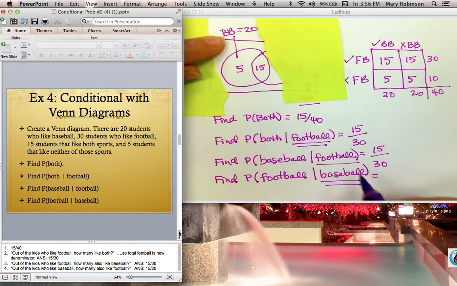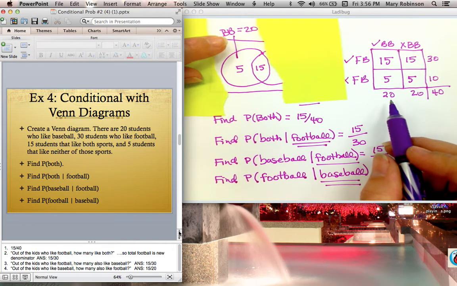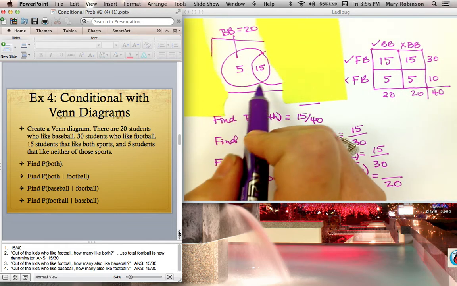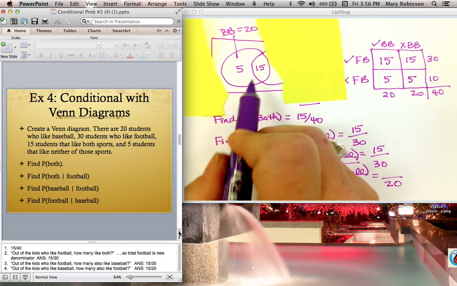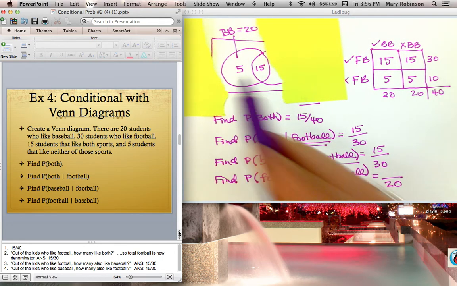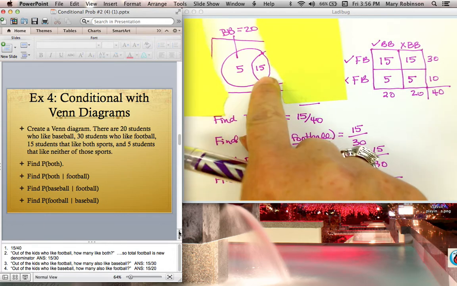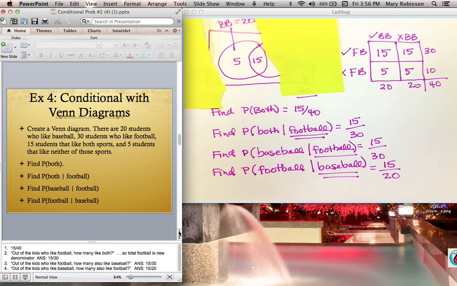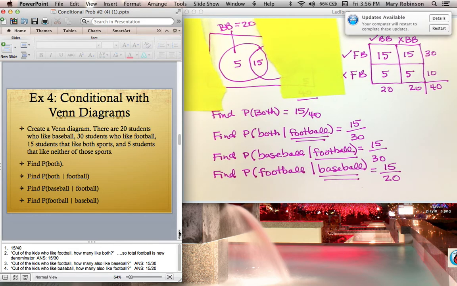Well, we know from both our frequency table and our Venn diagram that our baseball total is 20. Of those that like baseball, how many of them like football? Well, again, back to here, we're only considering the numbers 25 and 15. The 15 are the ones that like football and also baseball, so we want to use this 15. So our probability of football, given that they like baseball, is 15 out of 20.